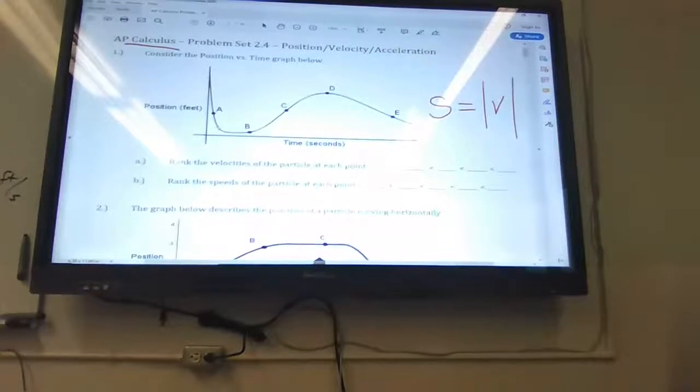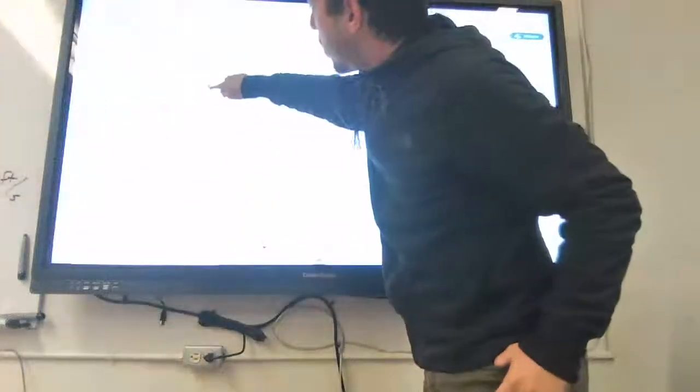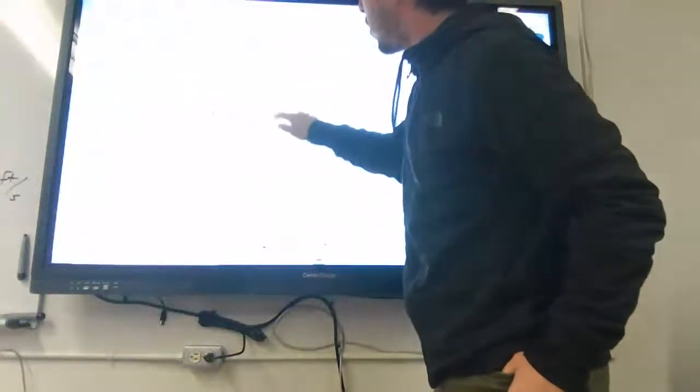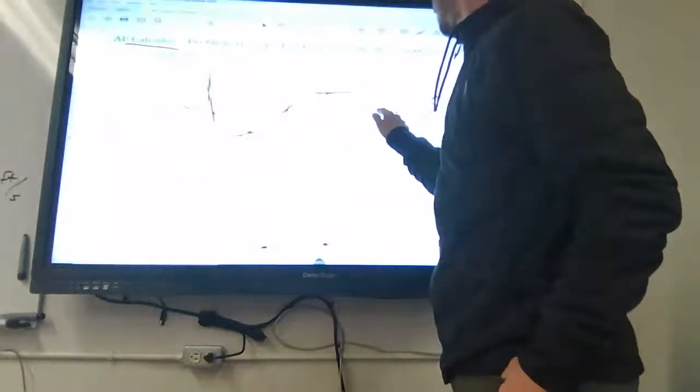But does that mean I was going instantaneously the same speed the entire time? No, I might have been going 30 feet per second and then 15 feet per second. I could have been slowing up and speeding down. So all we're looking at here is these tangent lines to know the instantaneous velocities, how fast we're going.